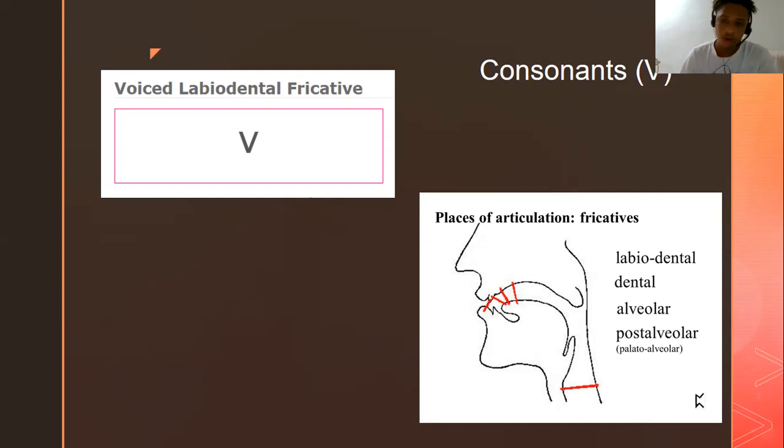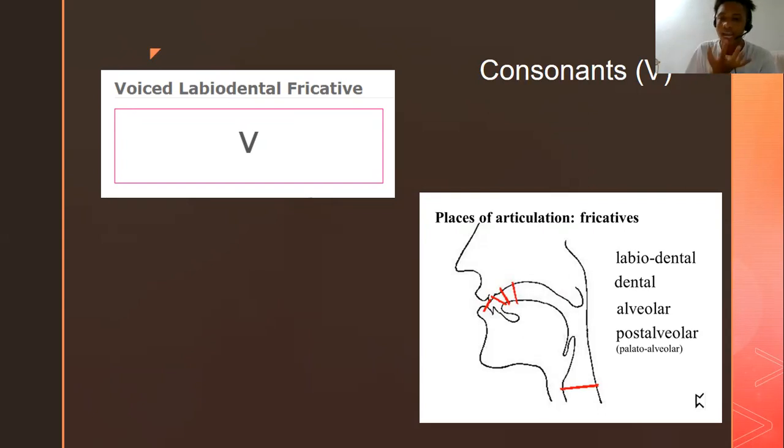Its manner of articulation is fricative, which means it is produced by constricting airflow through a narrow channel at the point of articulation, causing turbulence. For this reason the pronunciation is not easy. Its place of articulation is labiodental, which means it is articulated with the lower lip and the upper teeth.